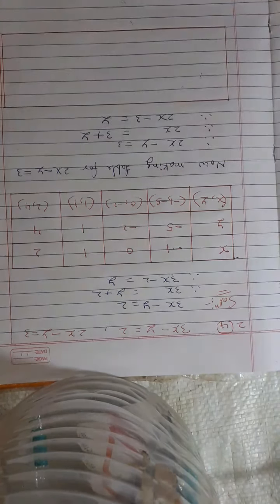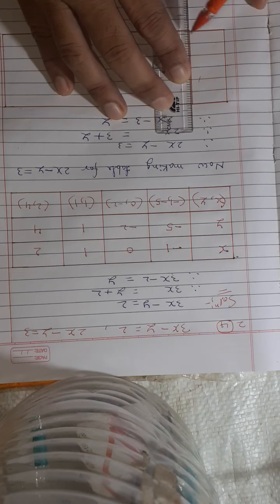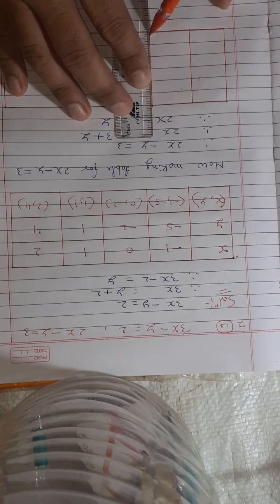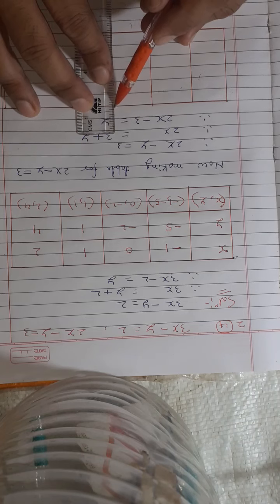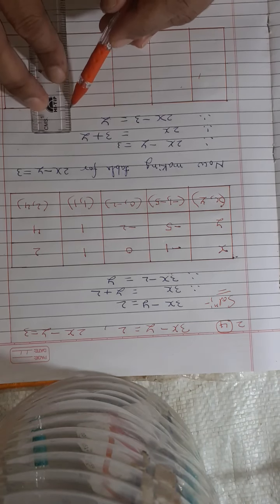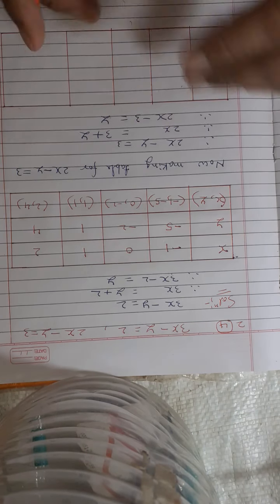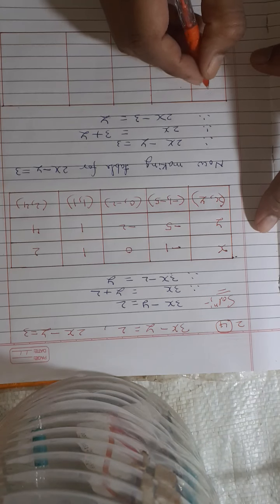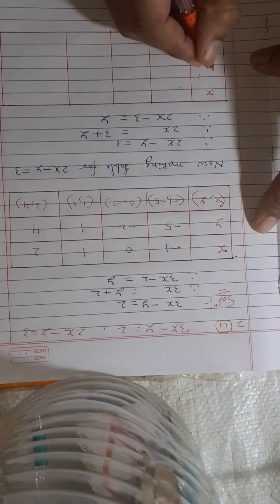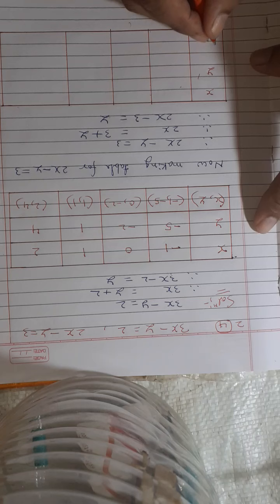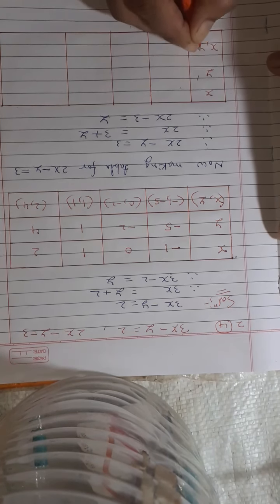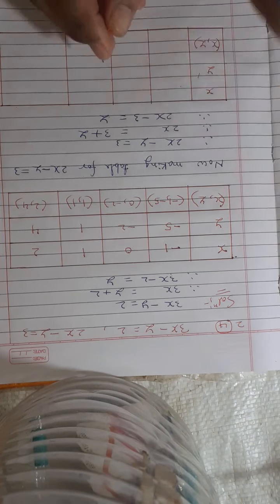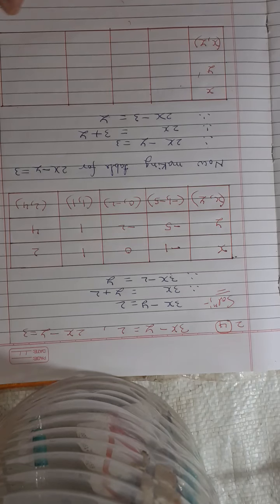Okay, so its equation here, x, y, and we will take 4 options. So x, y, x comma y.